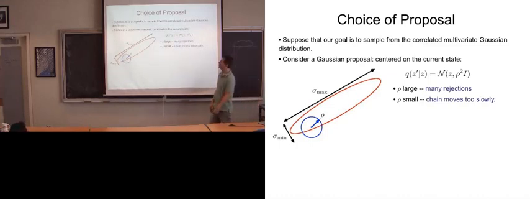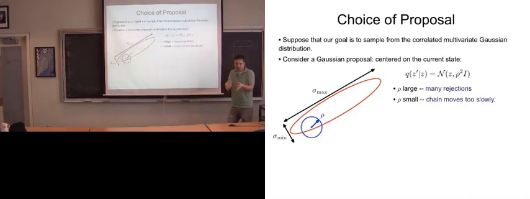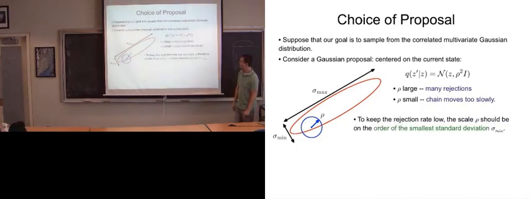And that's one of the common problems. In general, you will not know what the red distribution looks like. It might be some complex distribution. And then you're saying, okay, I want to sample from a normal distribution just to explore the space. What should my variance be? Should it be large? Should it be small? If it's too small, you're making very small moves. If it's too large, you're going to be rejecting a lot.